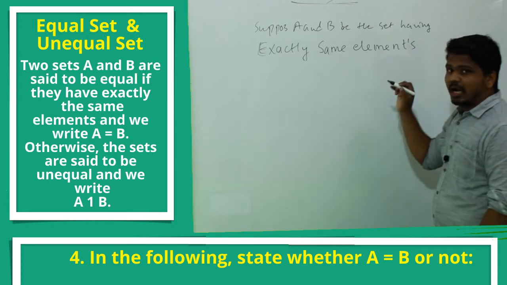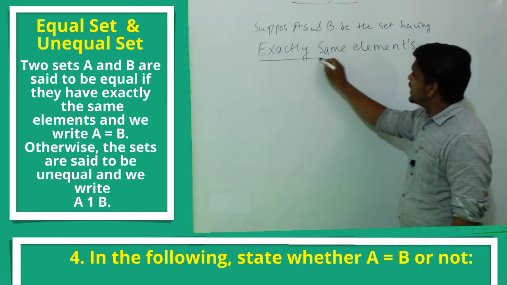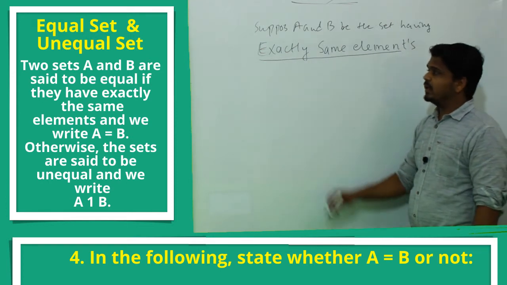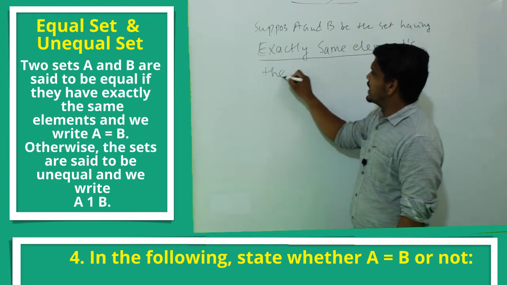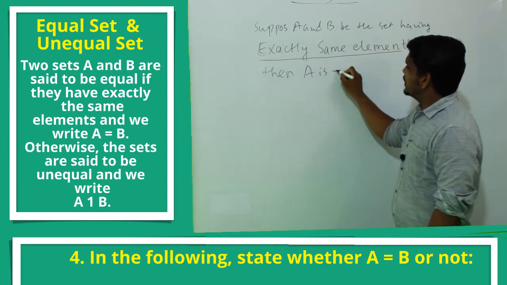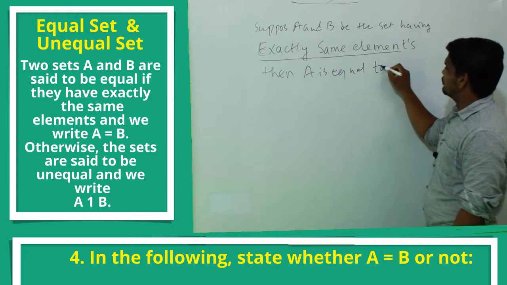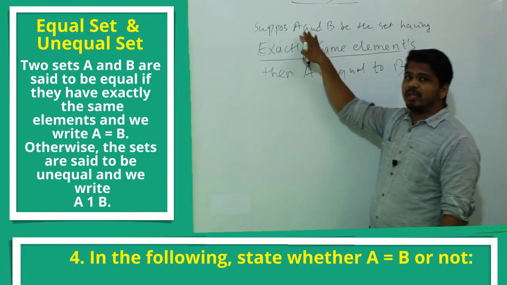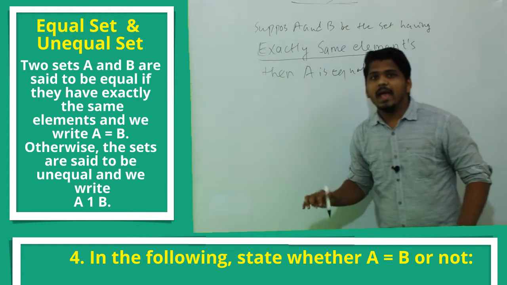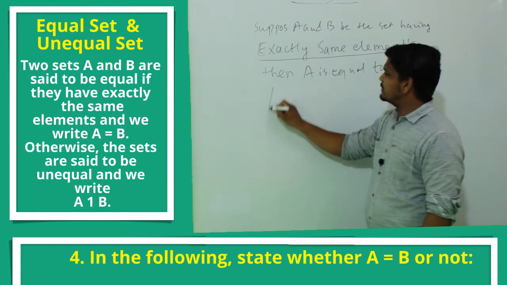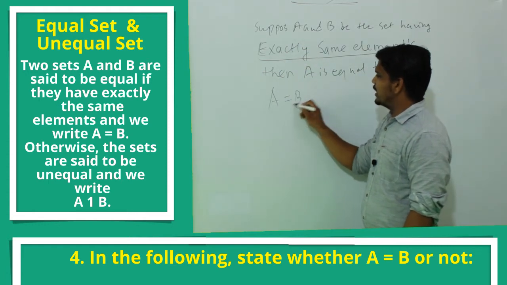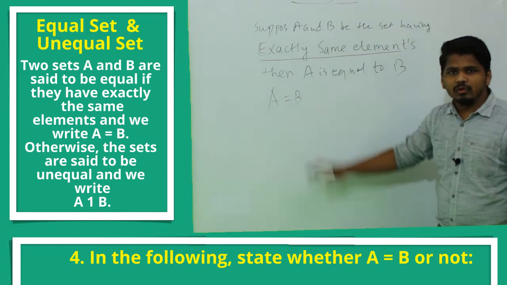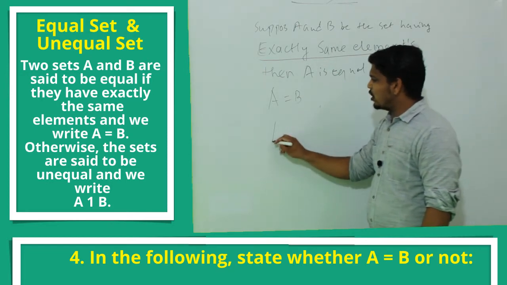I will underline here, exactly the same elements. Then we say that A is equal to B. What is meant by A is equal to B? You must have exactly the same elements in A and B, then you will write it as A equals B. And if it is not so, then you will write A is not equal to B.